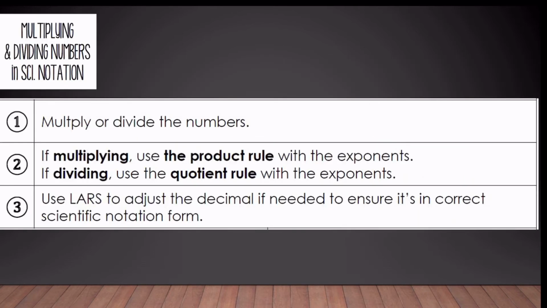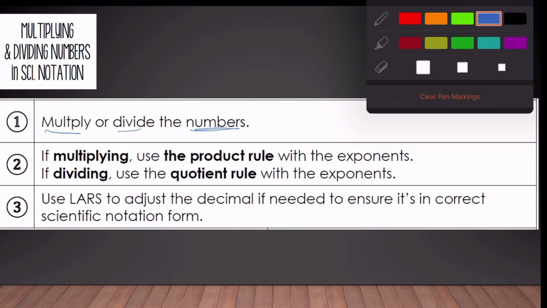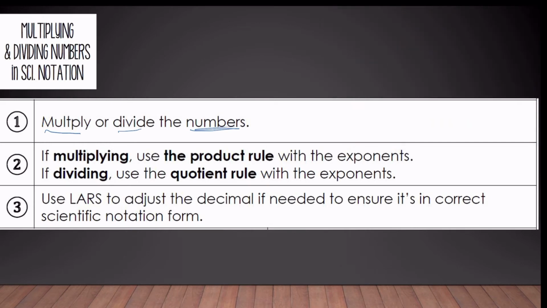Well, it's really going to come in when we multiply and divide numbers. Here's what we're going to do. We multiply or divide just the number part. That's the first step. Then, using the product rules of exponents, that's how we combine our exponents.